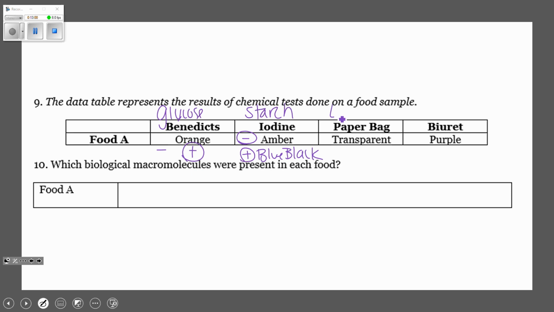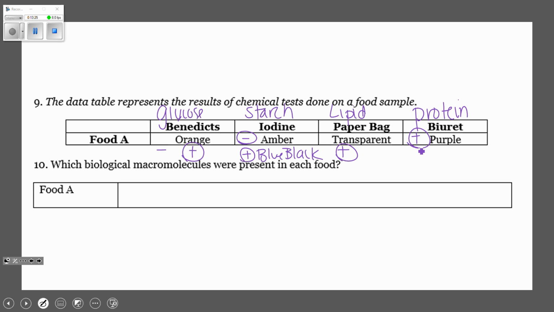Paper bag is going to test for a lipid. Remember, lipid is really just a fancy word for a fat. Transparent is going to be a positive test, meaning that it's shiny, kind of see-through. And then finally, biuret is going to be an example of testing for a protein. When you're testing for a protein, that is going to be positive if it is purple.